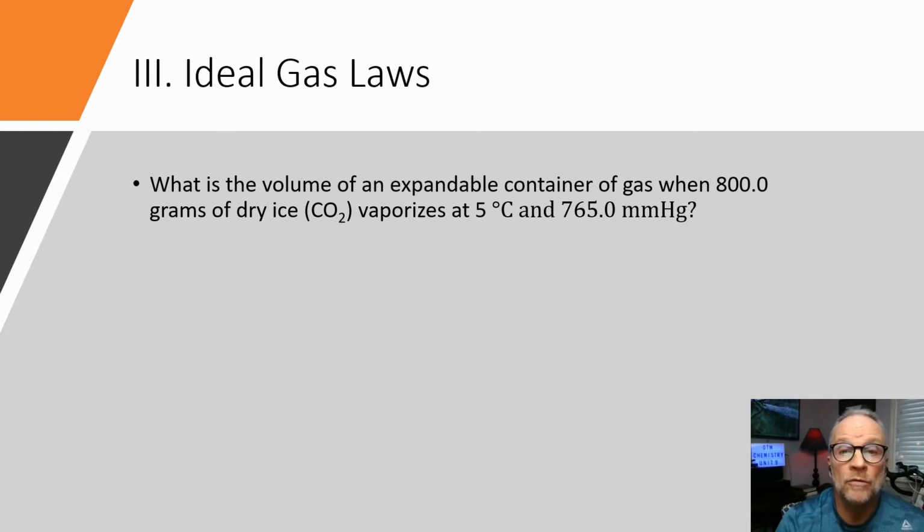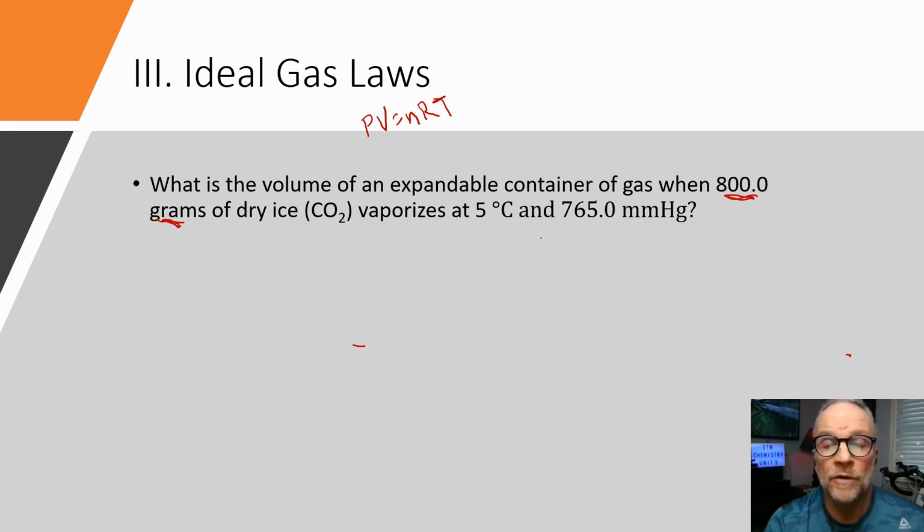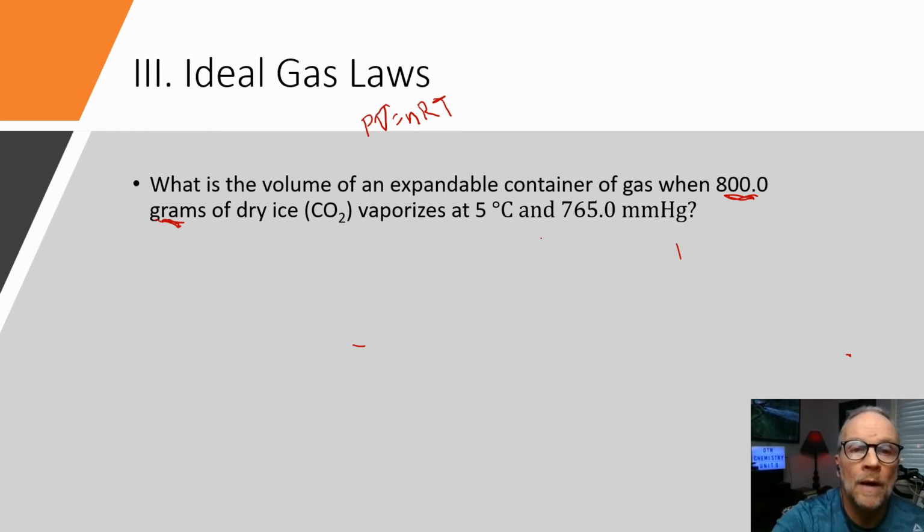The first thing we notice is that we have a gram amount, and that's a dead giveaway that you're going to use PV equals nRT. Before, we didn't have a mass to work with. And it asks, what is the volume? So we're isolating volume.